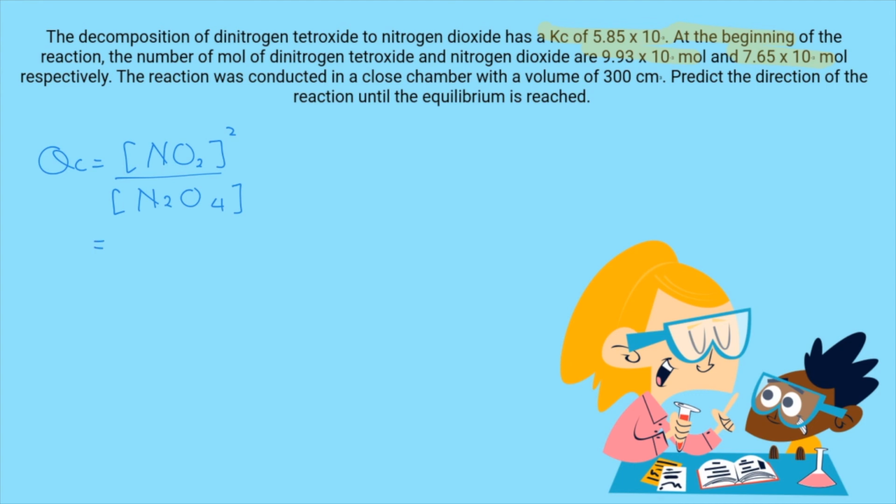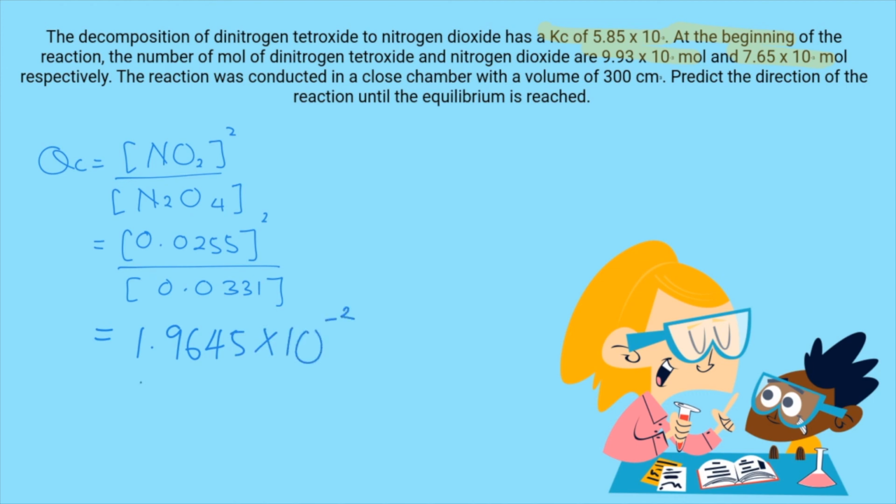Before this we already calculated the values for NO2 and N2O4, so 0.0255 to the power of 2 divided by 0.0331. Hence, you shall get your Qc equivalent to 1.9645 times 10 to the power of negative 2.